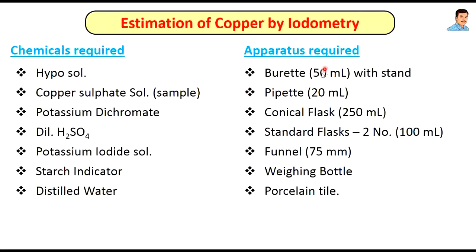Apparatus required are a burette of 50 ml capacity with burette stand, a 20 ml capacity pipette, a conical flask of 250 ml capacity, 2 standard flasks of 100 ml capacity, a funnel, a weighing bottle, and a porcelain tile.